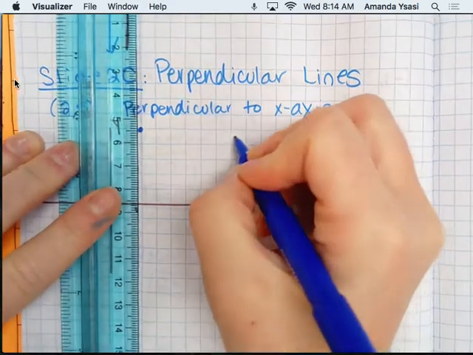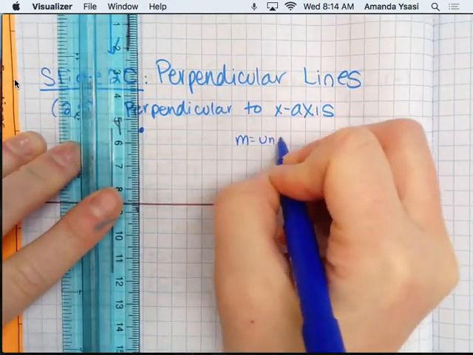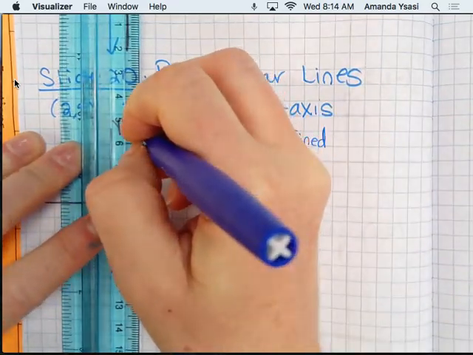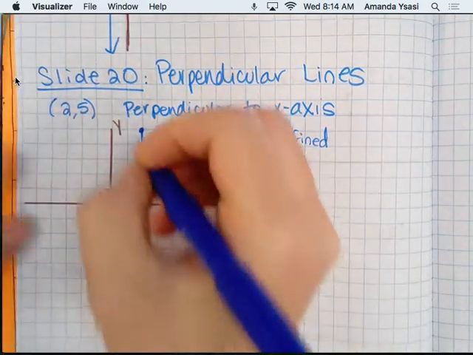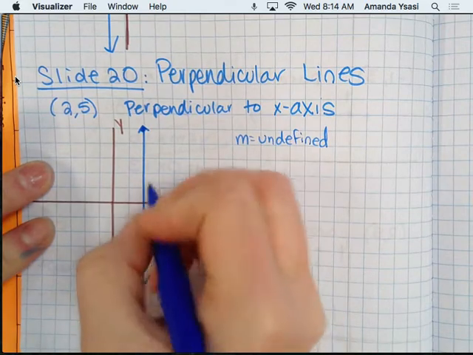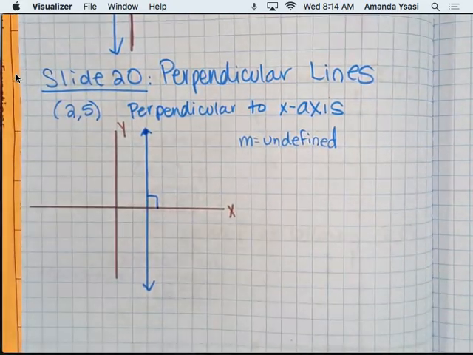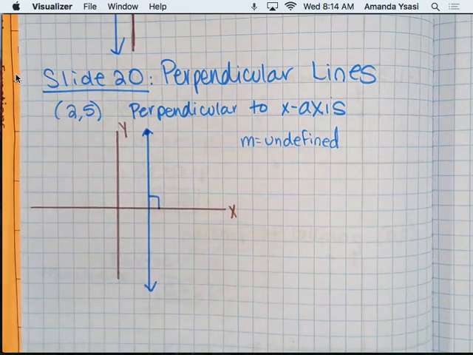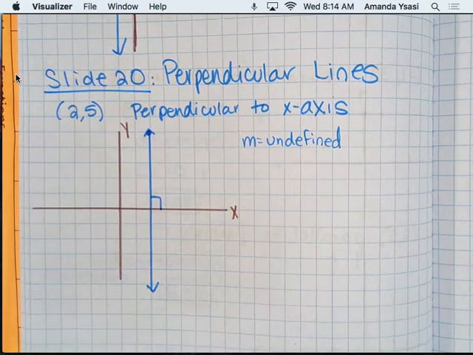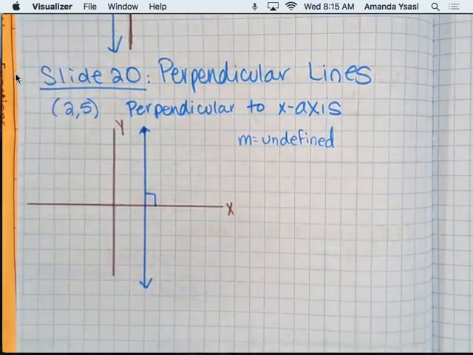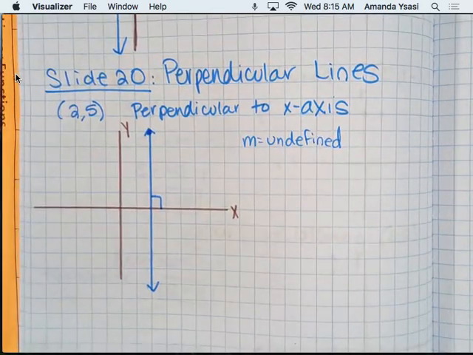So our m is going to have to be undefined. You can put the little right angle to show that they are perpendicular to each other. Perpendicular to the x-axis means they make a T, a right angle there.